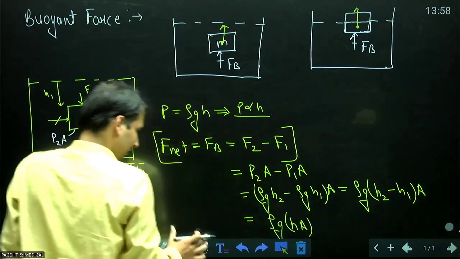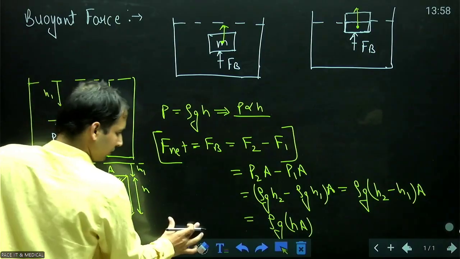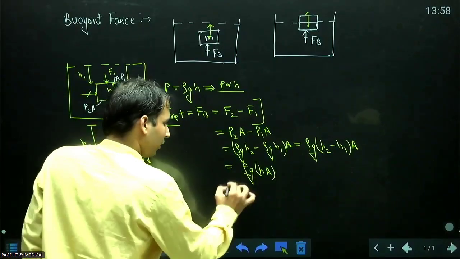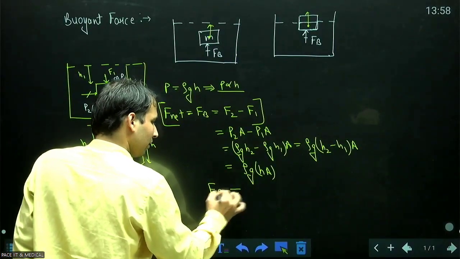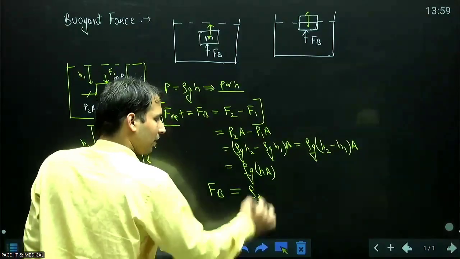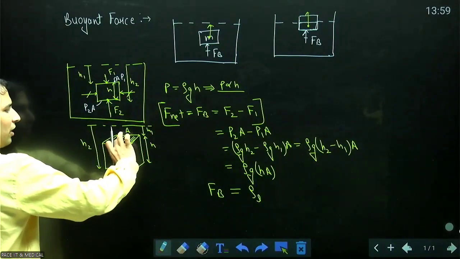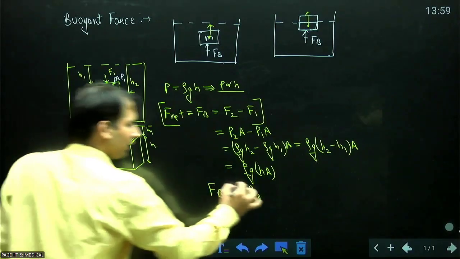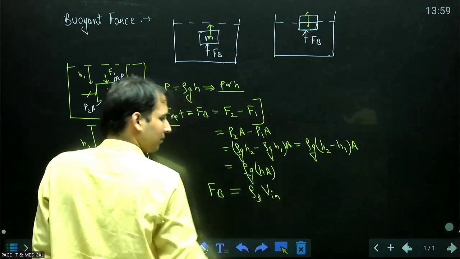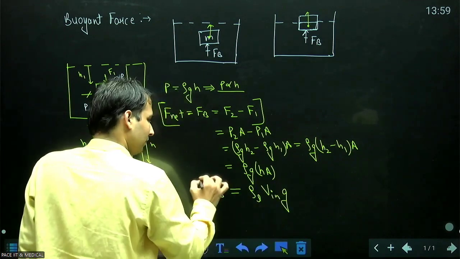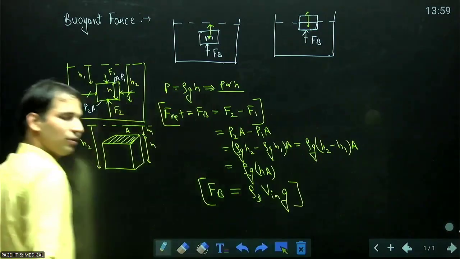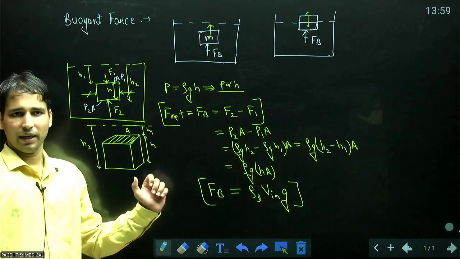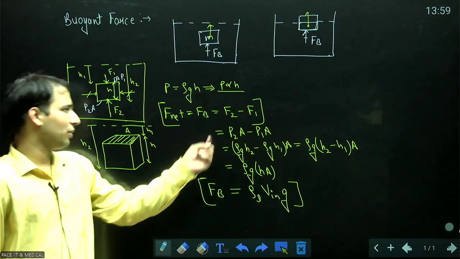So basically, buoyant force finally comes out to be the density of the liquid, times h into area, which is the volume of the body which is immersed in the liquid, which is inside the liquid. We will call it V inside, and multiply by g. This is the value of buoyant force, right? So we certainly don't need to write F2 and F1.